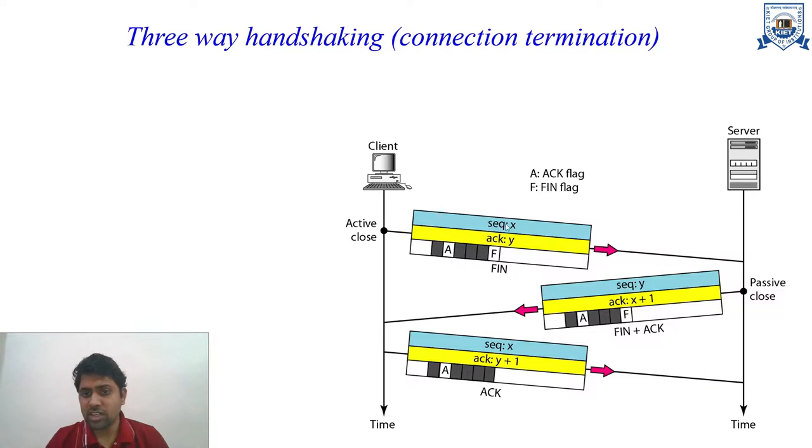That's why now you can see they have set sequence X, acknowledgement Y plus 1. The acknowledgement will be the received one, X plus 1, as was expected. Now there is no more sequence number here, so we use the previous sequence, and the acknowledgement will be whatever I'm receiving, so the acknowledgement should be Y plus 1. This is showing the three-way handshaking procedure.